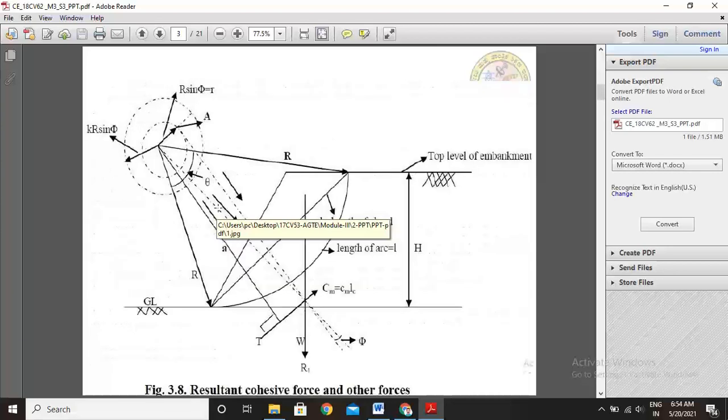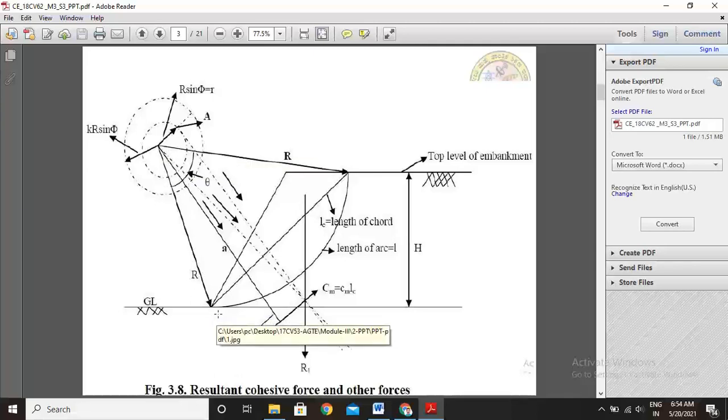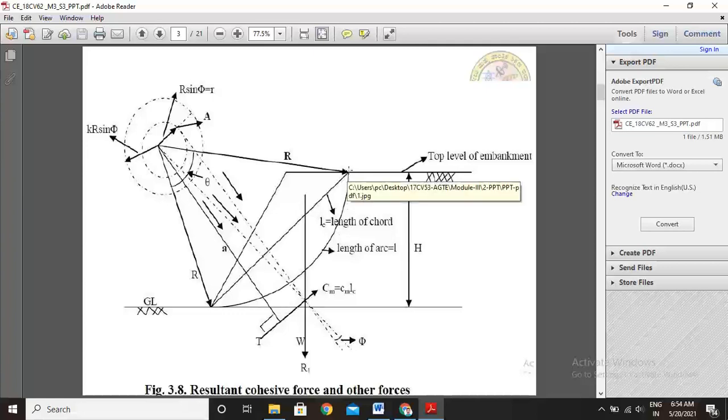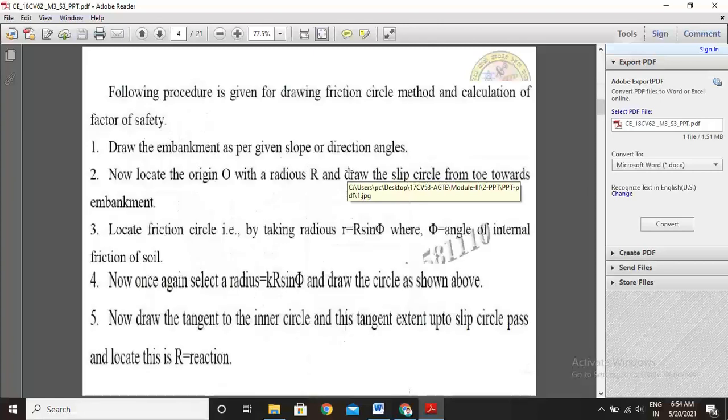According to this step, locate point O here, take from here to here as the radius, and draw the slip circle towards the embankment. So this is step number 2.